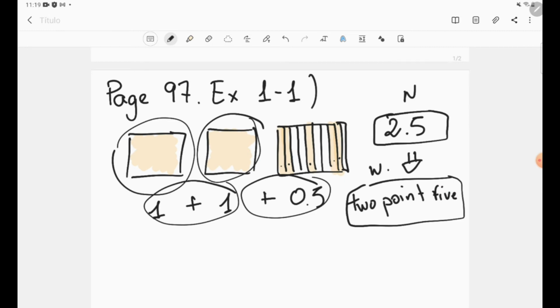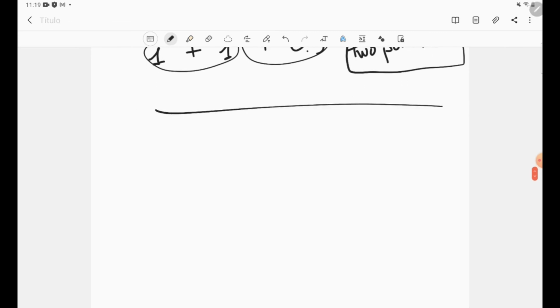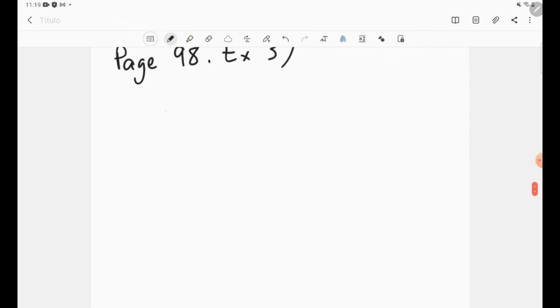Okay, it could also be 3 digits. Okay, 3 digits decimal, like exercise number 3, page number 98. Exercise number 3. Okay, as you see, there is a cube.